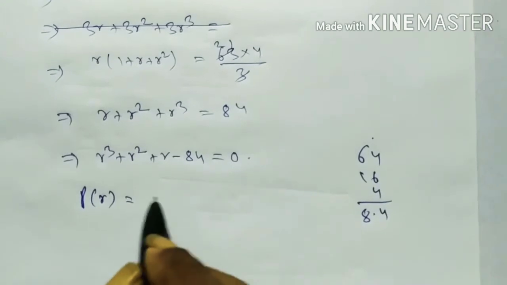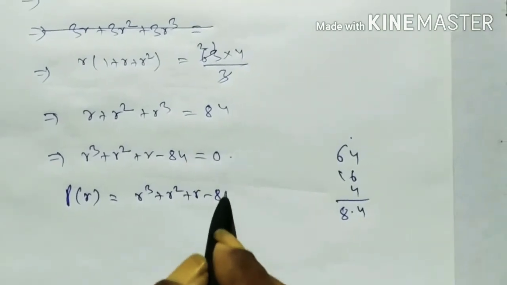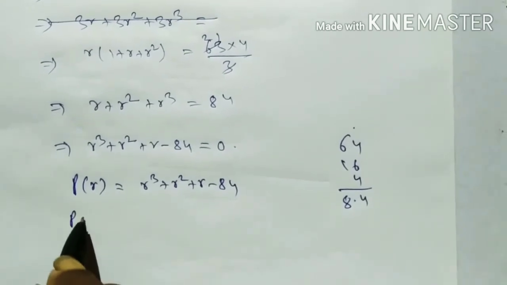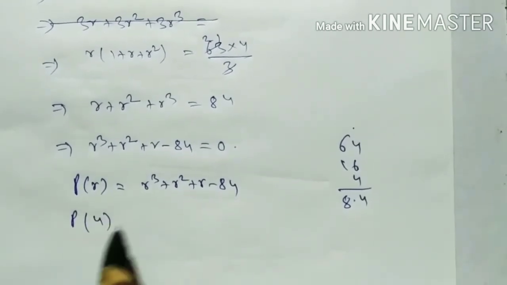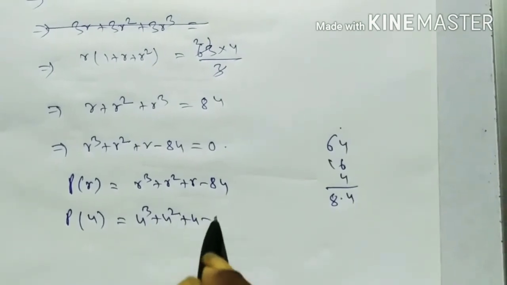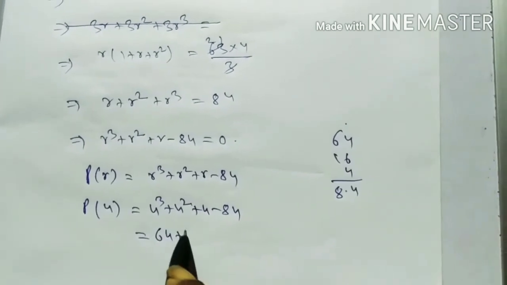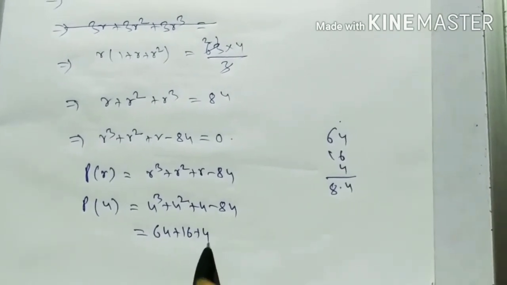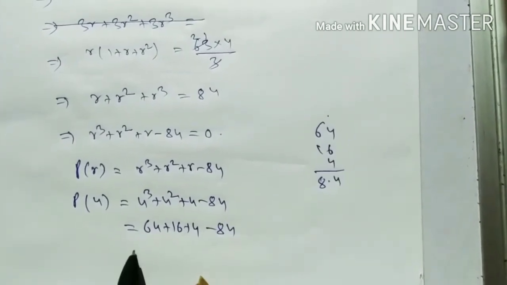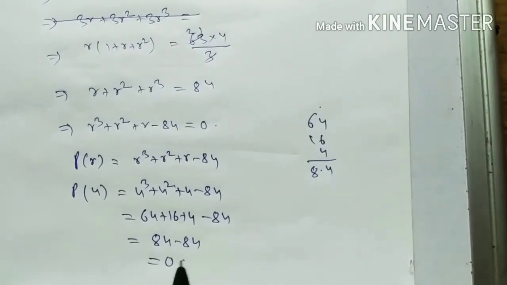P(r) is equal to r cube plus r square plus r minus 84. Therefore P at r equal to 4 is 4 cube plus 4 square plus 4 minus 84. This is equal to 64 plus 16 plus 4 minus 84. This comes out to be 84 minus 84, which is equal to 0.